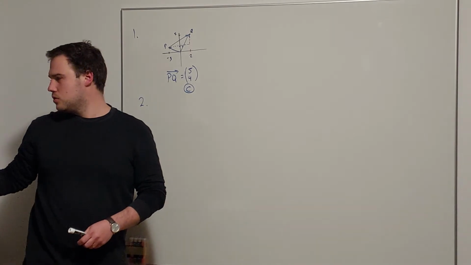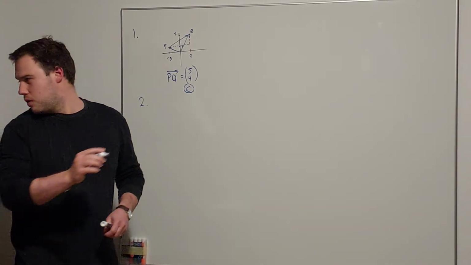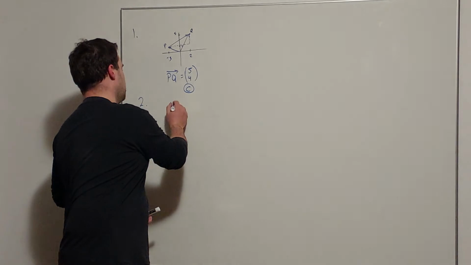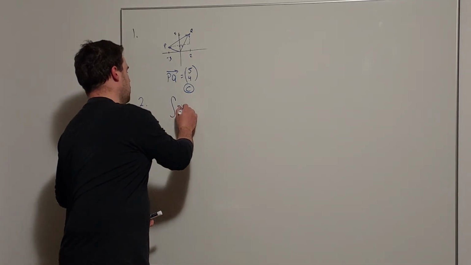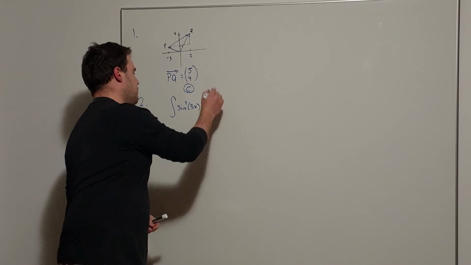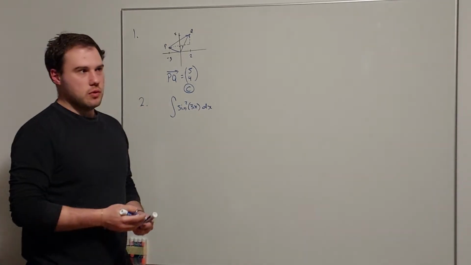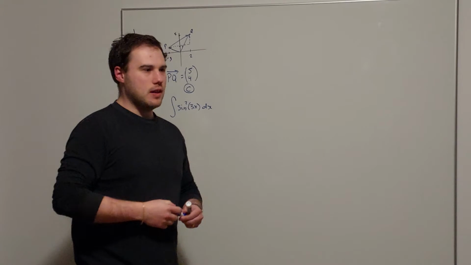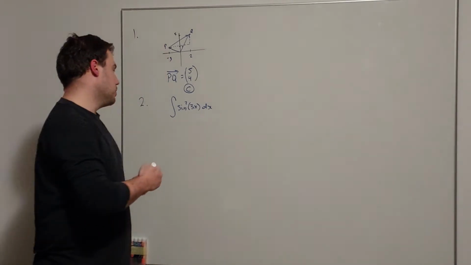Alright, question 2. Which of the following integrals is equivalent to sine squared of 3x? Alright, so this is of the form sine squared nx, which you can get straight off your formula sheet.